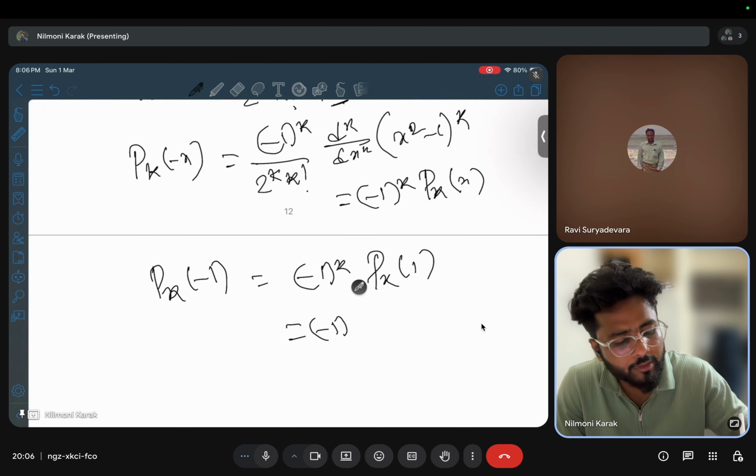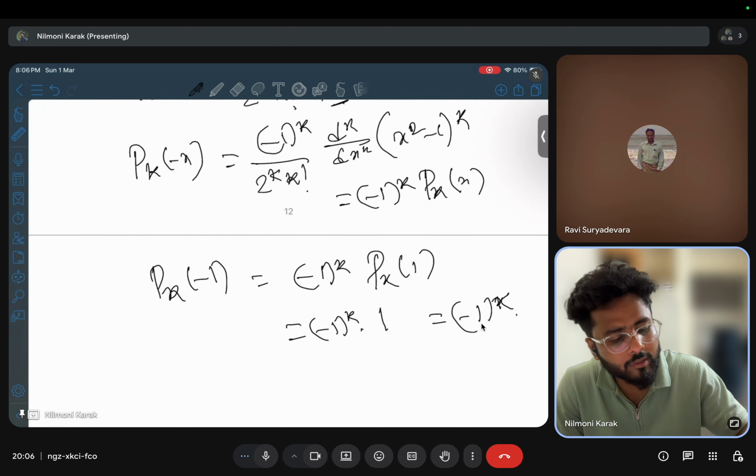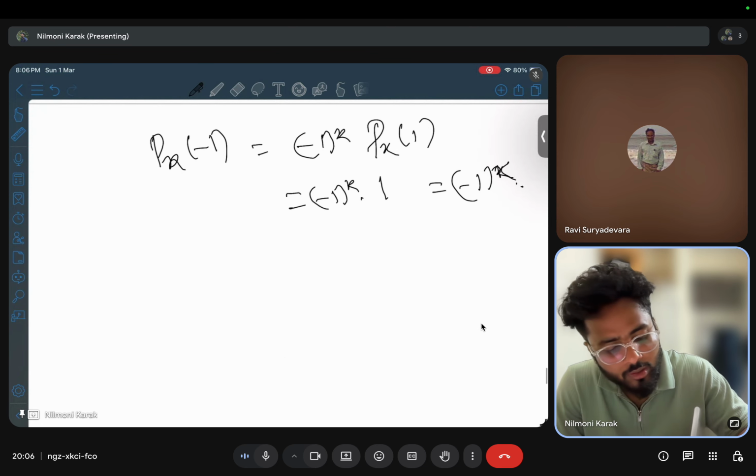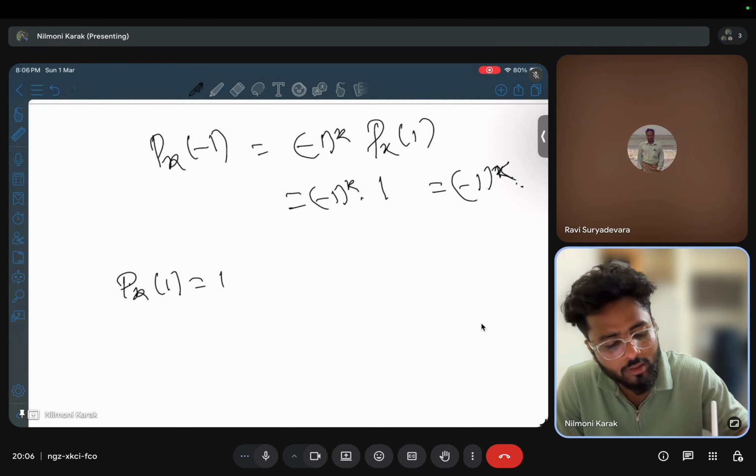This is 1. So you are getting Pk(1) is 1 and Pk(minus 1) is minus 1 to the power k.